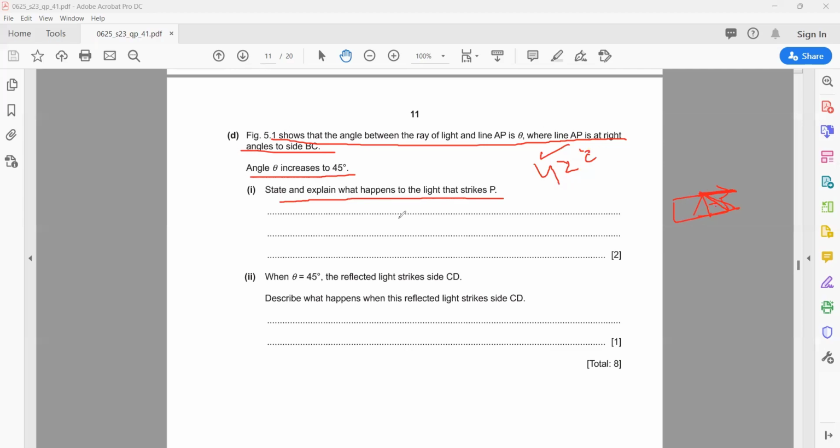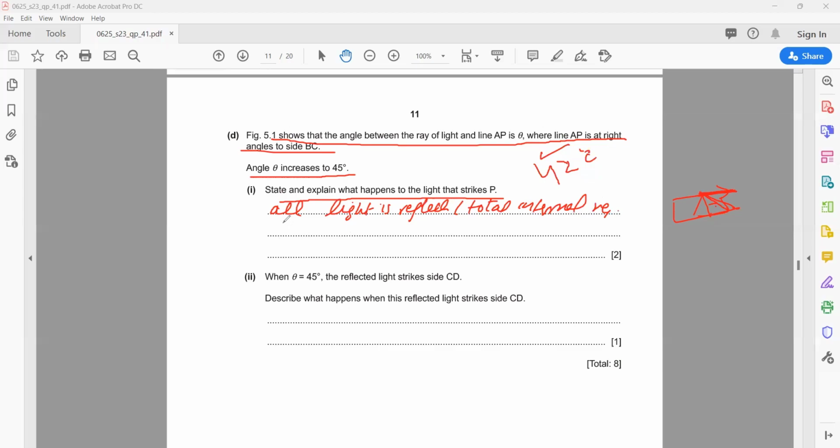It's the same thing here. You can say all the light is reflected, or you can say total internal reflection. And what is the reason for that?